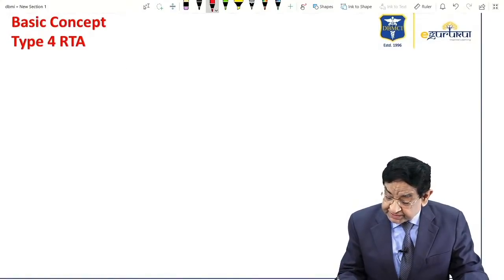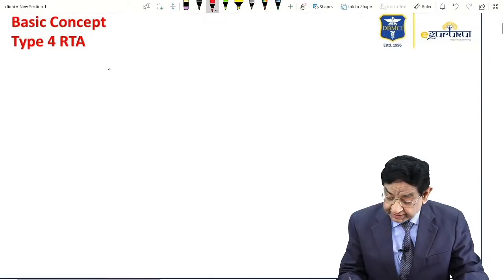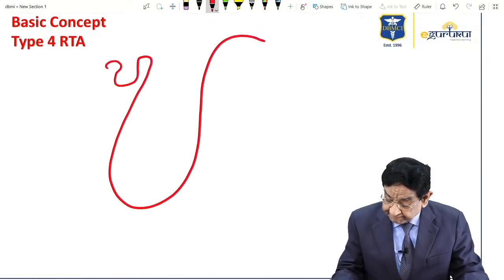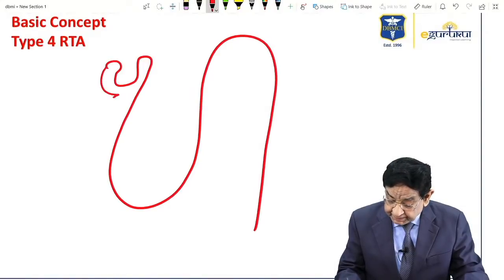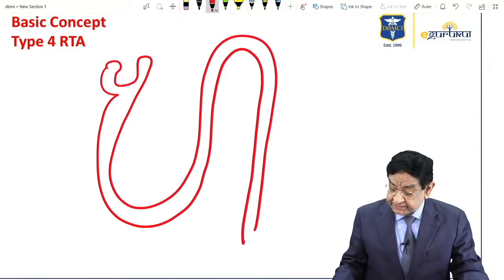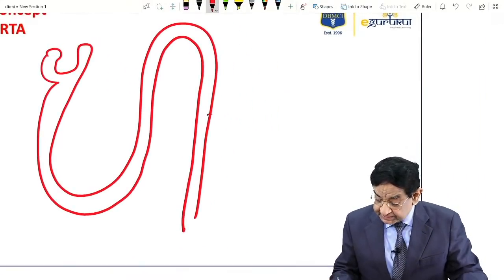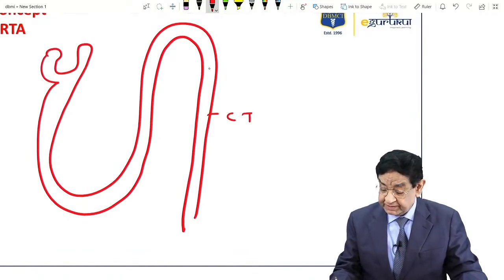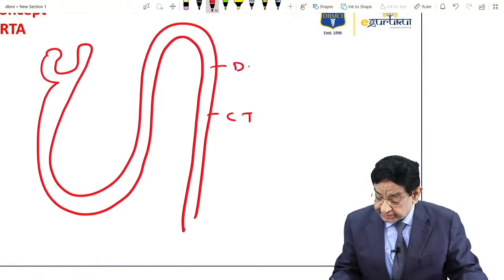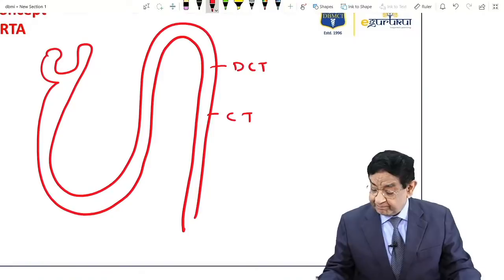So let me tell you the basic concept about renal tubular acidosis. So here is the nephron. Okay, this is the nephron. And this is the distal convoluted tubule, DCT, and the collecting tubule, right?